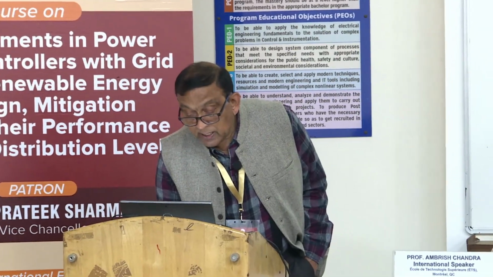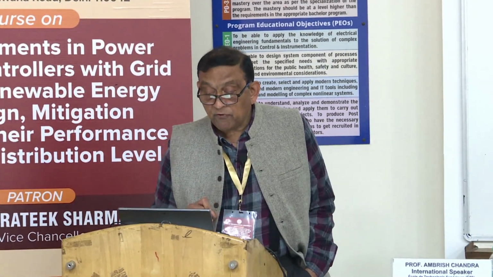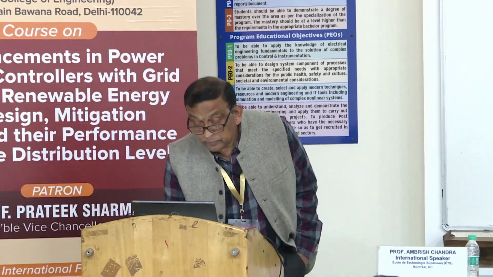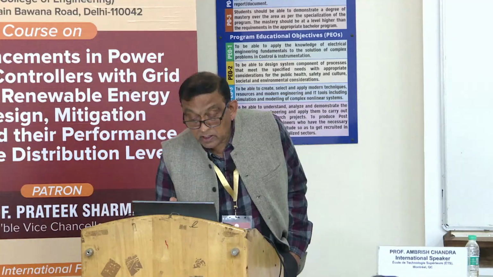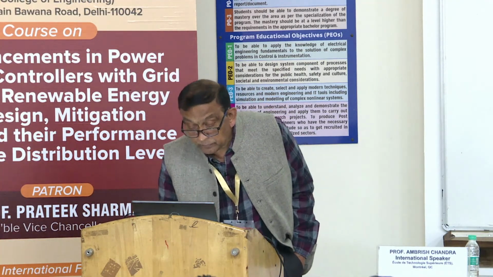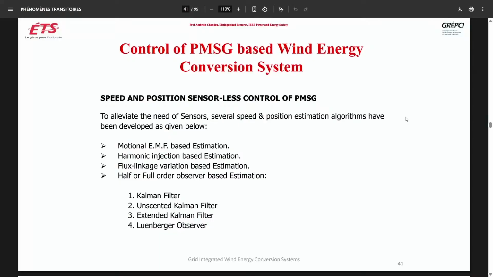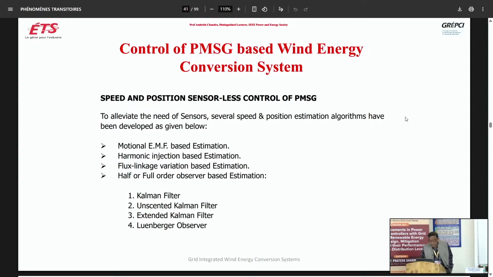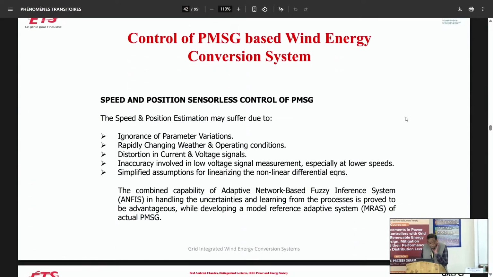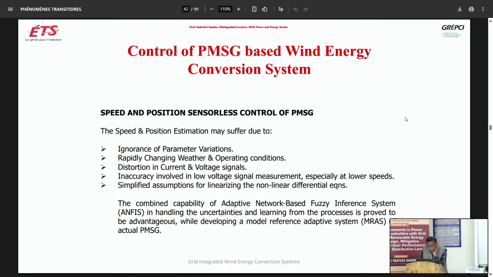Speed and position estimation may suffer because it may have some problems also in estimation: ignorance of parameter variation, rapidly changing weather and operating conditions, distortion in current and voltage signals, inaccuracy involved at low voltage. So there are many problems. But this adaptive neurofuzzy inference system technique developed by a student has certain advantages.